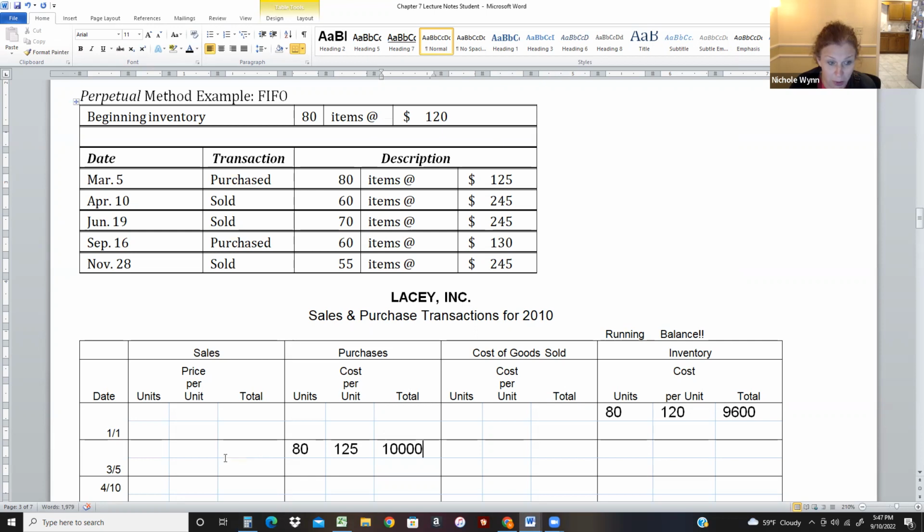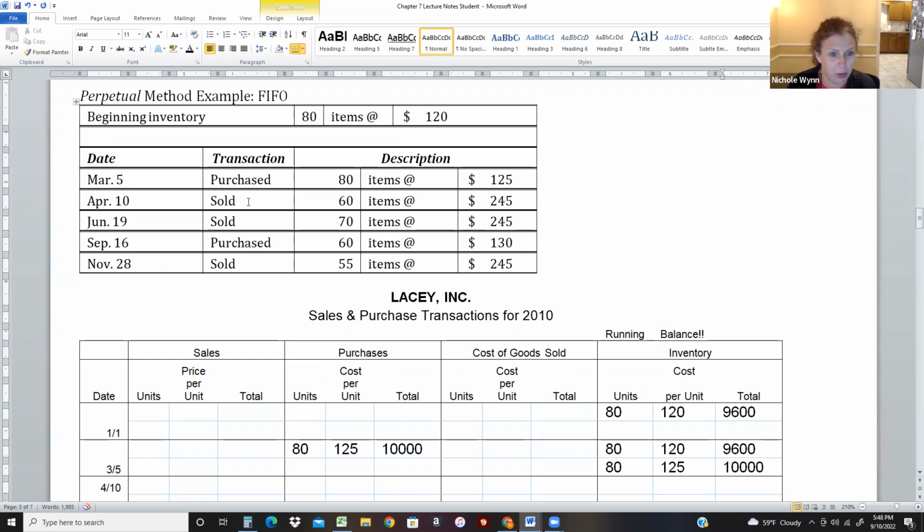Now I didn't sell any on March 5th, so I don't need to put anything here. And because I didn't sell any, I don't have to compute any cost of goods sold. But over here, and this is the important part, I am going to say I still have 80 at 120 for 9,600, and I have an additional 80 at 125 for 10,000. I know it feels repetitive to write it again, but after every single transaction, you're going to say, all right, what do I have right now?